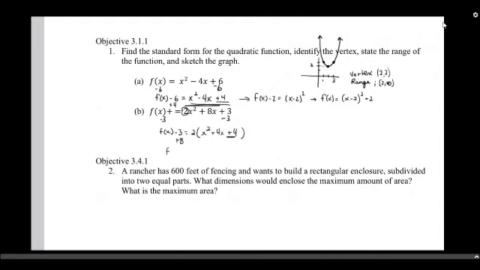So that becomes f of x plus 5. You keep the 2 factored out, this 2 right here, and then this factors into x plus 2 squared, and I got to move the 5 back over. So the equation of the function is 2 times x plus 2 squared minus 5.